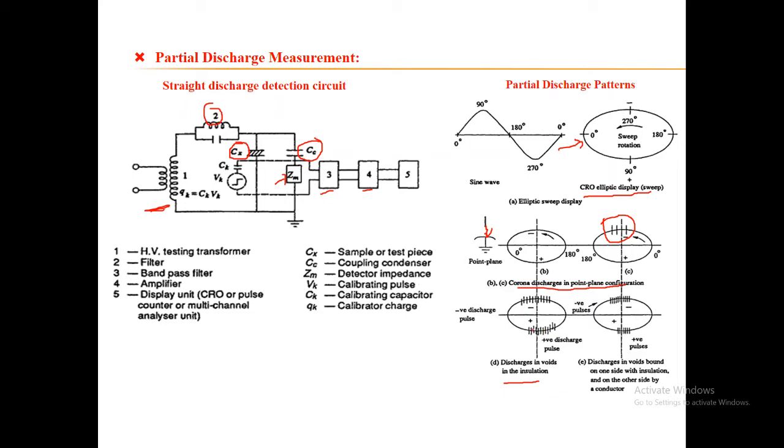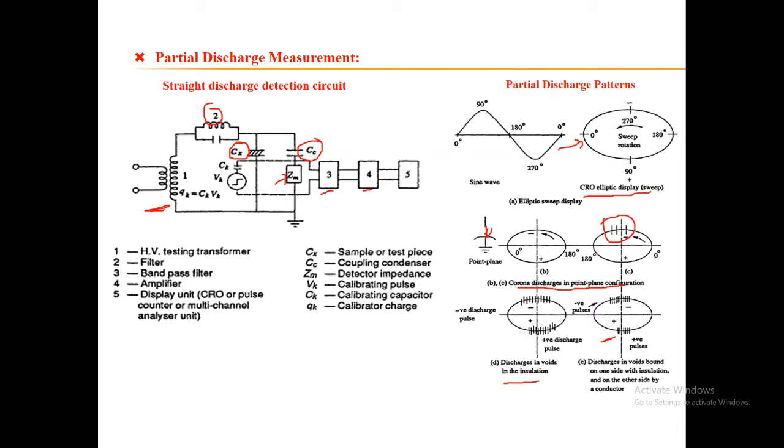You have observed that the discharges normally occur in the positive half as well as the negative half with equal numbers. Figure E represents discharges in voids bound on one side by insulation and on the other side by the conductor. These are the types of patterns one can observe while conducting the partial discharge test.